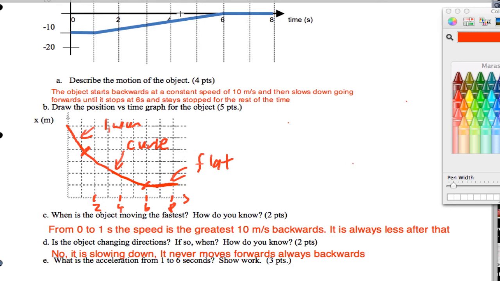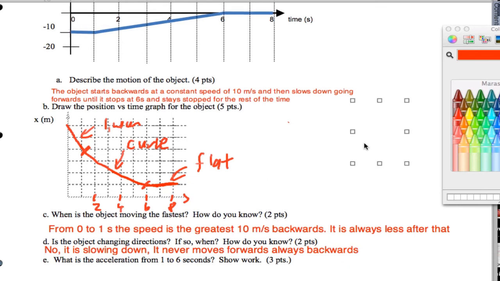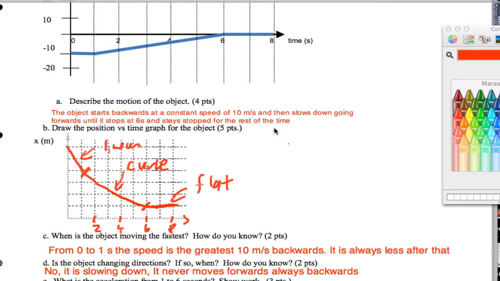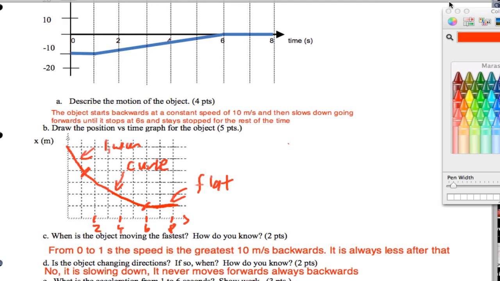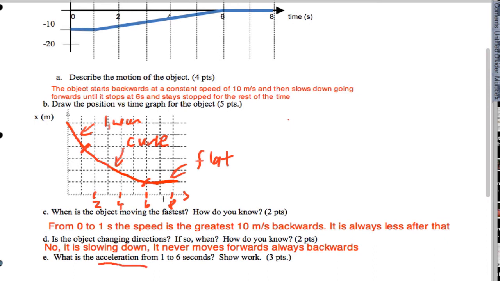And then we want to know the acceleration from 1 to 6 seconds. So the way we're going to get that is we're going to get the slope. So for part E, I'm just going to zoom down here. For part E, we want to get the acceleration from 1 to 6 seconds. So I'm here, then I go here. Here I am at 1 second and -10.